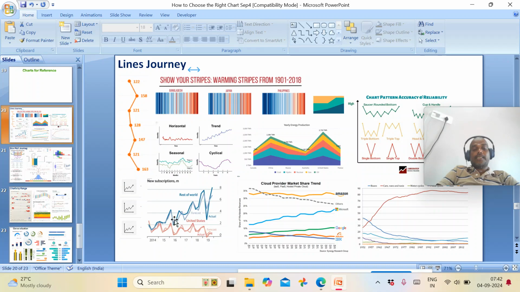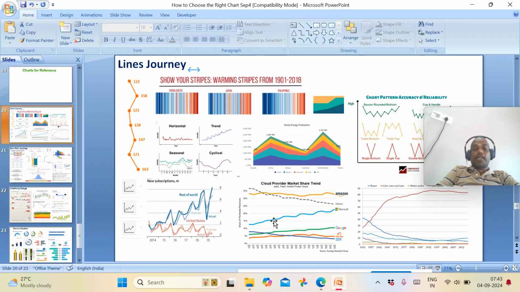And see this trend chart, how it is actually. We can differentiate the United States and the rest, how the trend is going from the year 2014 to 2019. You can see this actually.